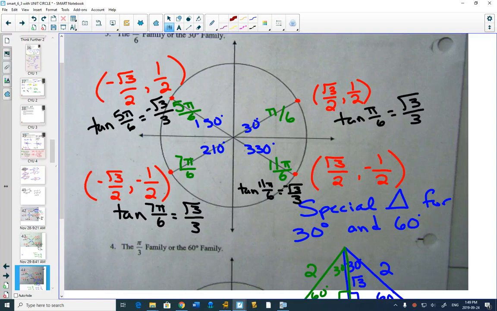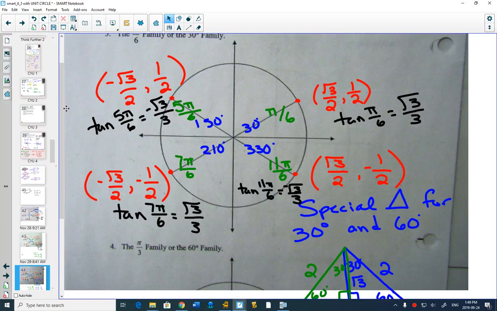Okay. Cos of 5 pi/6. Parker. And because it's here in quadrant 2, it would be negative square root of 3/2.